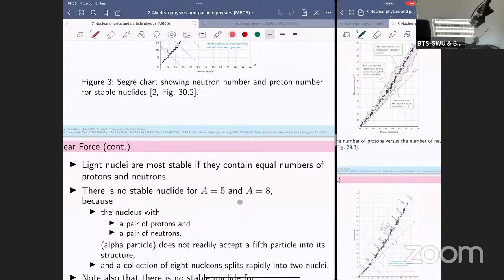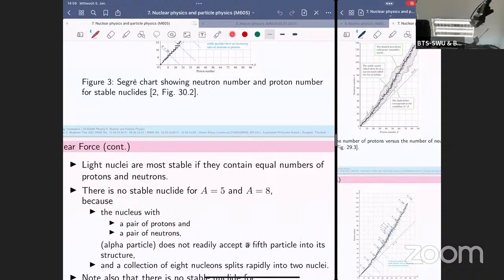It's not the case, because a nucleus with a pair of protons and a pair of neutrons doesn't readily accept a fifth particle. You have to think about the helium nucleus, for example when A is equal to 4.